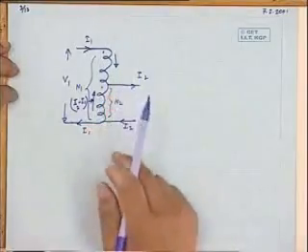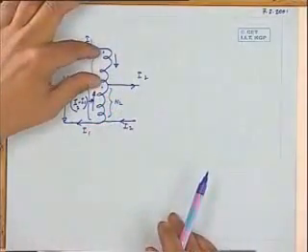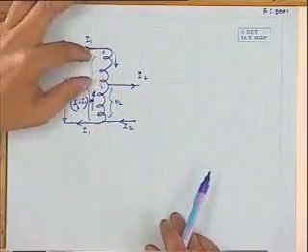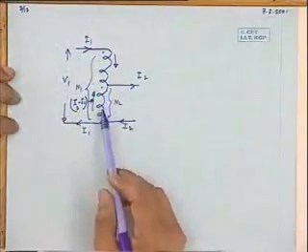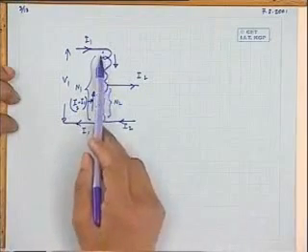What will be the MMF balance equation in this transformer? That is, this segment has got some number of turns and carries some current, and this segment has got certain number of turns, carries some current.